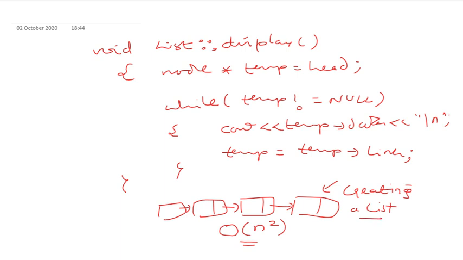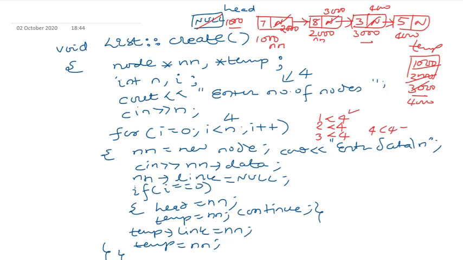But with my algorithm here, I'll be using only a single loop. See, this is a single loop I am using for n nodes. So what is the time complexity of my algorithm? It is big O of n. The create will have a time complexity of big O of n.